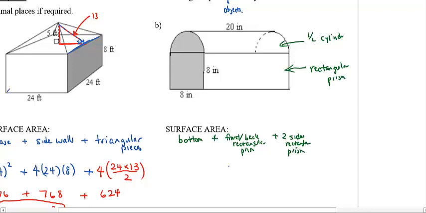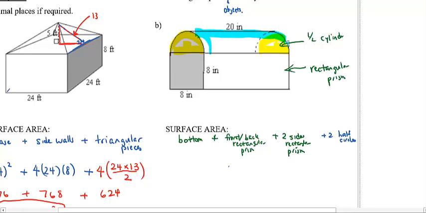And then what else do we have? Well, we've got that curved part of the cylinder, right? So actually there are these 2 half circles first of all on the side. So maybe I'll say plus 2 half circles. And then along with that is the toughest part.